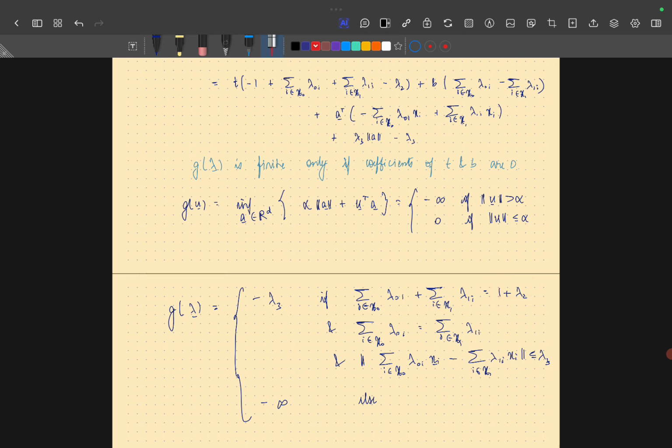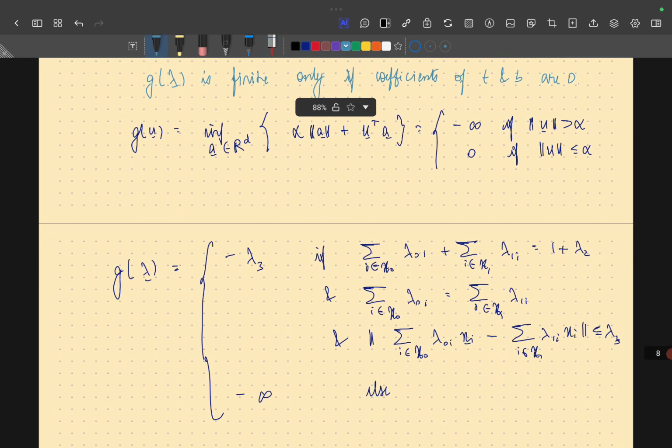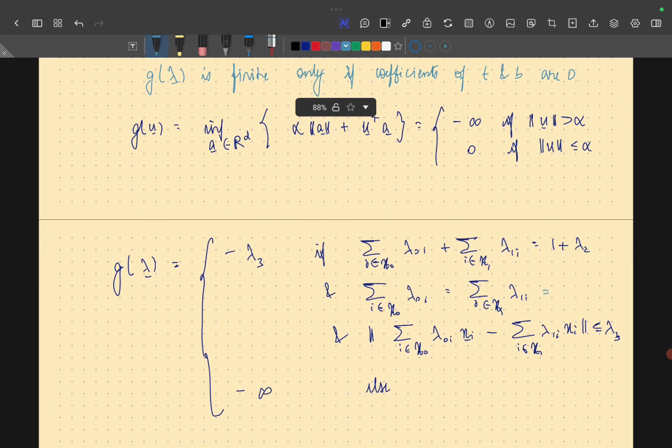So each one should be equal to 1 plus lambda 2, whole divided by 2. So effectively I can rescale things a little bit.